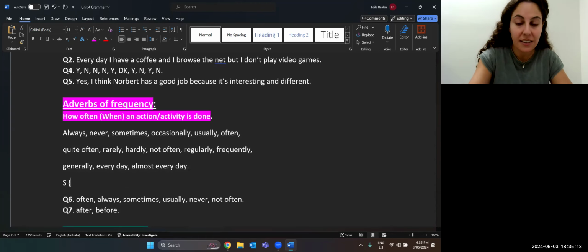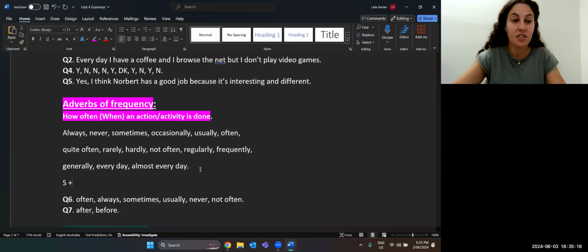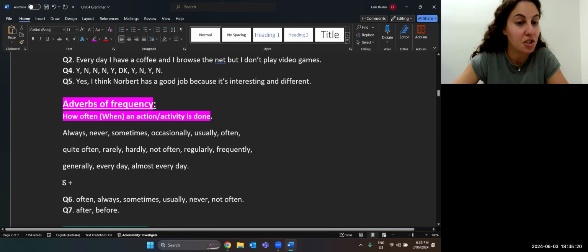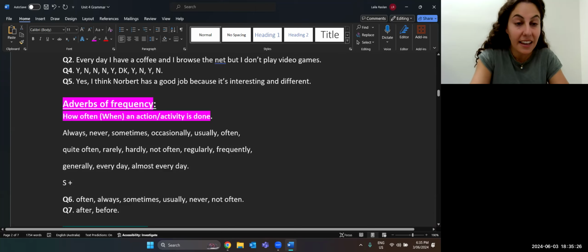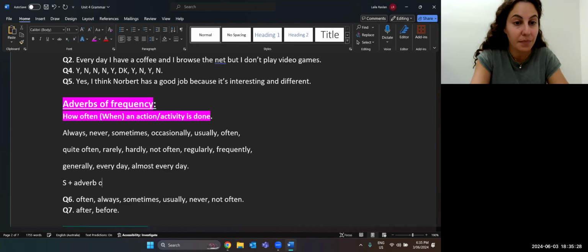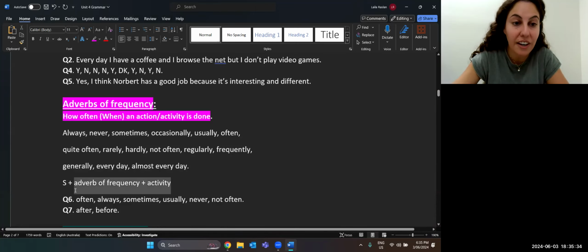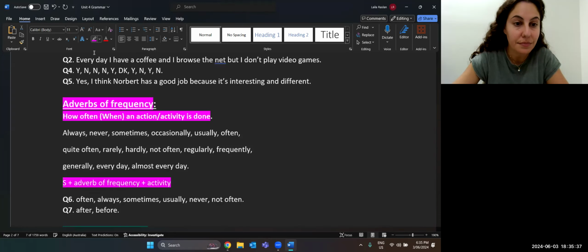We have a subject, so it could be I, or Lucy might say my husband and I, if she's talking about her and her husband. So we put the subject first, and then the adverb of frequency, and then the activity. This is how we create the sentence.